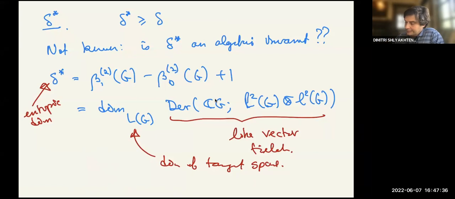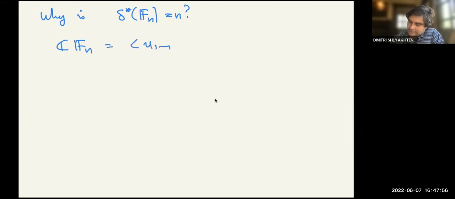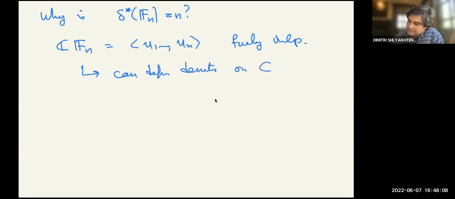So what's involved in this? Well, why is delta star of Fn equal to n? This group algebra of Fn is generated, I will cheat a bit, by unitaries U1, ..., Un, which are freely independent. So you can define derivations on C Fn already, such that, let's say, delta J of UK is delta I equals K, and then it will be 1 tensor.